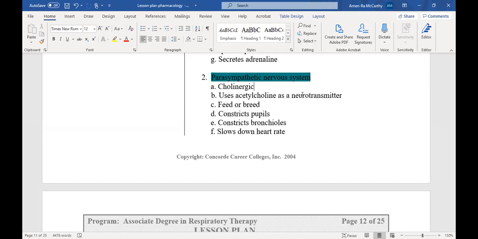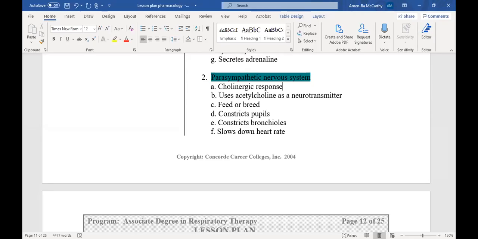So let's see what happens. Parasympathetic, aka cholinergic response, okay? I'll put response right here. Cholinergic response. What happens during the cholinergic response? Well, this time the neuron has acetylcholine.